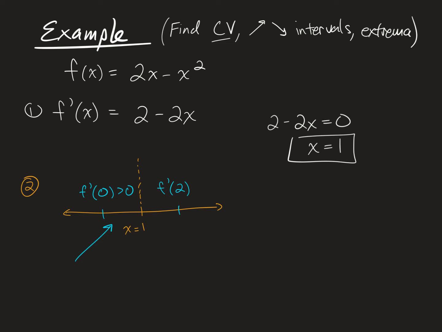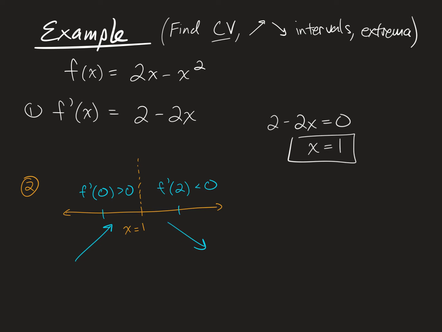And we can do the same thing for positive 2. If you substitute 2 in for x, 2 minus 4 is negative 2. But again, we're mostly interested in the fact that the derivative is negative, which means tangent lines to the right of x equals 1 have negative slopes.